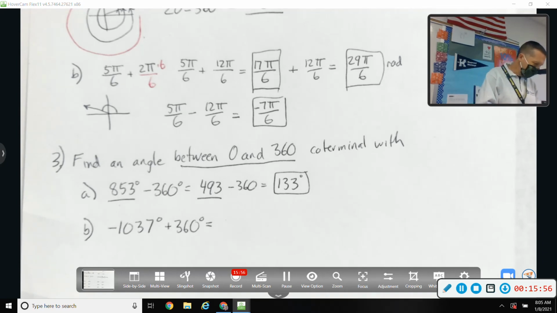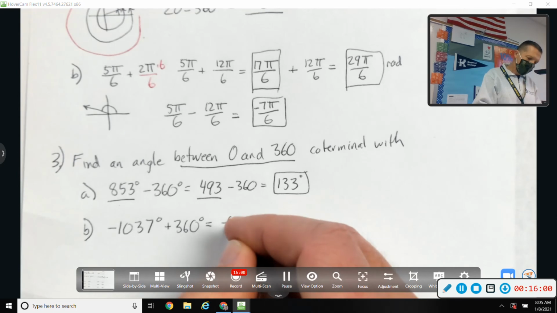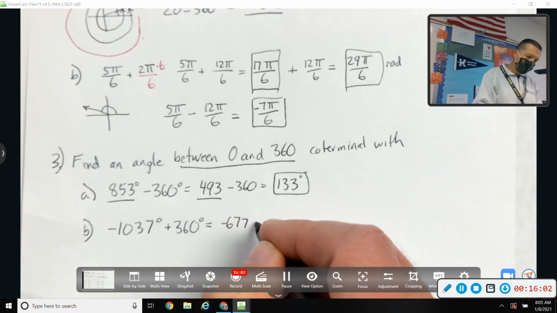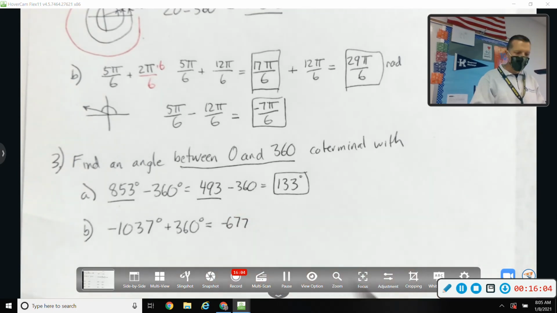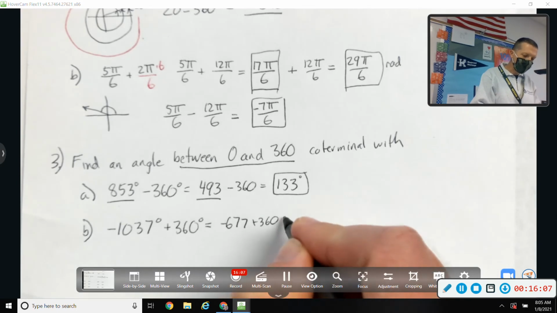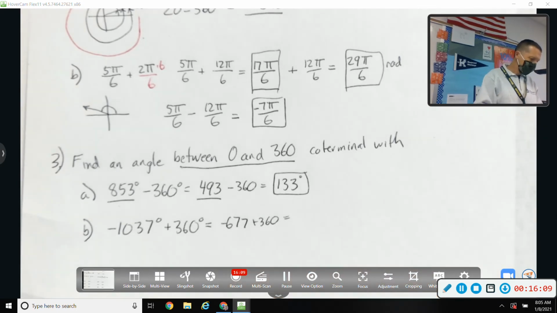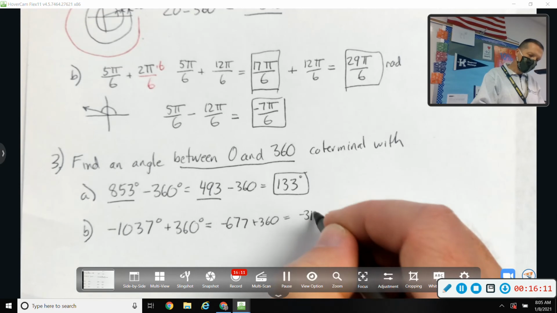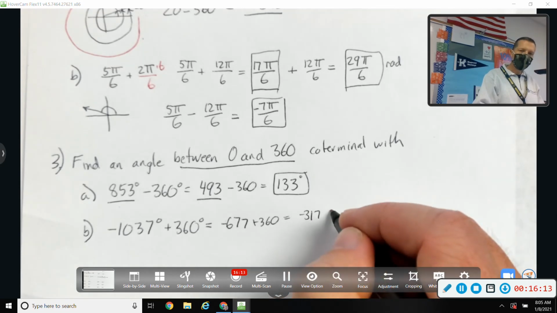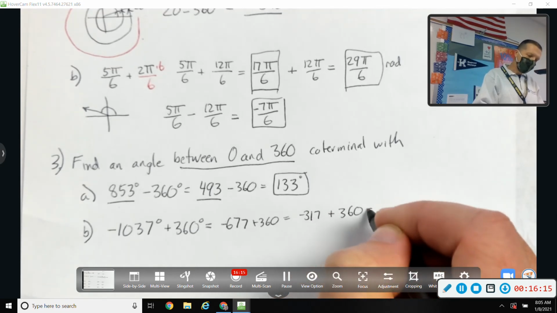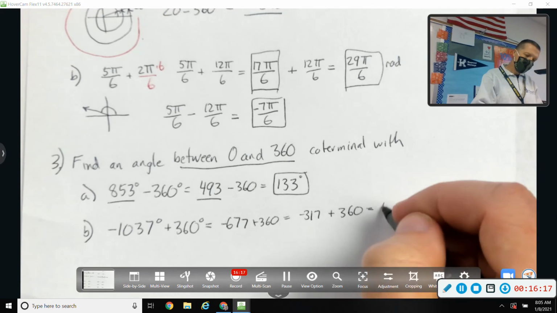So negative 1037 plus 360 is not what I want. Well, I mean, I'm on the road here, so let's add 360 again. Oh, getting close. Negative 317 plus 360 one more time is 43.